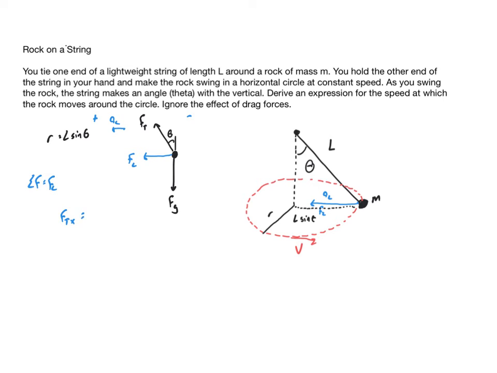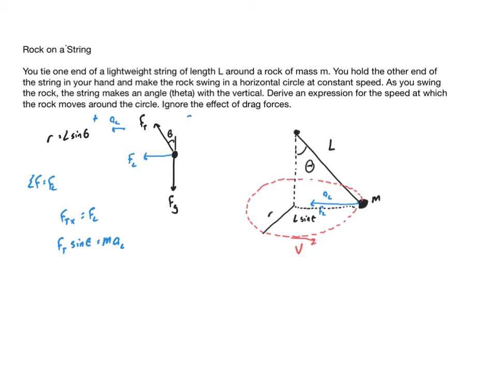So the tension in the x direction is the centripetal force. So we can write that F_t sine theta equals mass of the rock times the centripetal acceleration of the rock. There's that guy there.